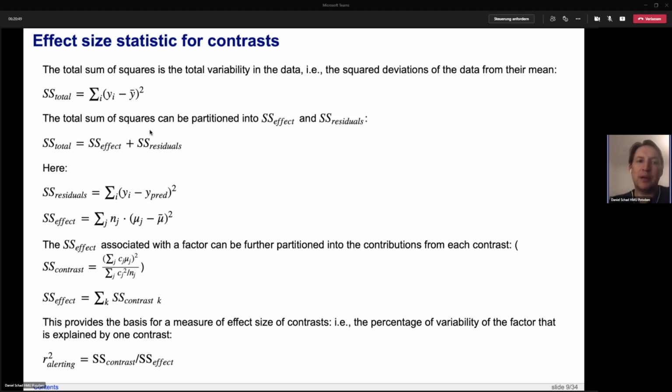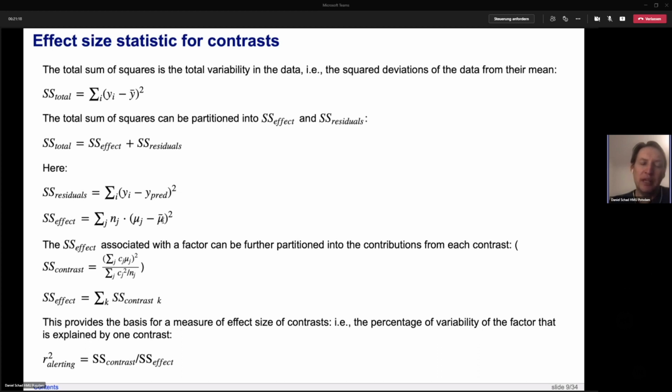And the total sum of squares can be partitioned into an effect sum of squares and a residual sum of squares. So total sum of squares is effect sum of squares plus residuals. In the current case, you can compute the residual sum of squares by taking the difference between the individual data point and the predicted value, squaring that, and summing it up across all subjects. The effect sum of squares can be computed as follows.